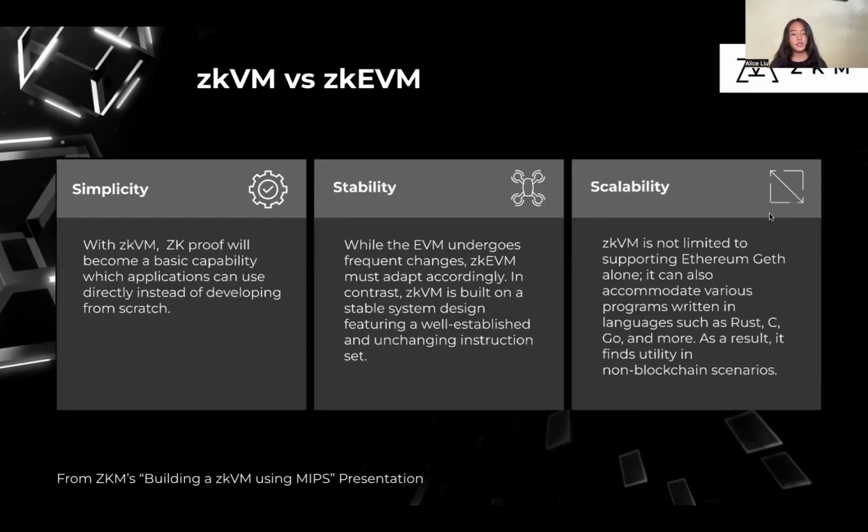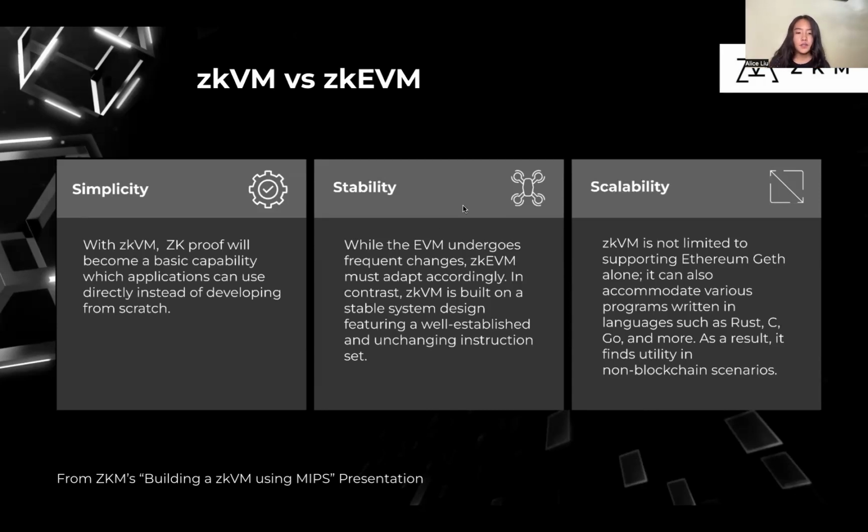And if we compare zkVMs to zkEVMs, one of the main benefits for zkVMs is that they are built on well-established and also unchanging instruction sets like MIPS, which ZKM uses, whereas the EVM frequently undergoes some opcode changes, and that may lead to the ZK circuits changing as well.